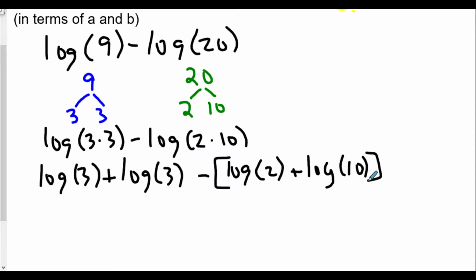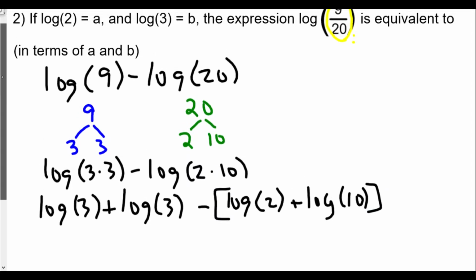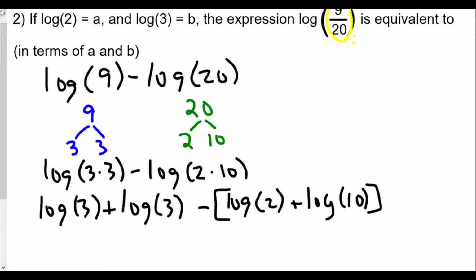Well, we go back to the top and we notice in this case that the log of 2 is equal to A, so we can replace the log of 2 with A. And the log of 3 is equal to B, so we can replace each log of 3 with a B. So we have B plus B minus, in brackets, A plus log 10.